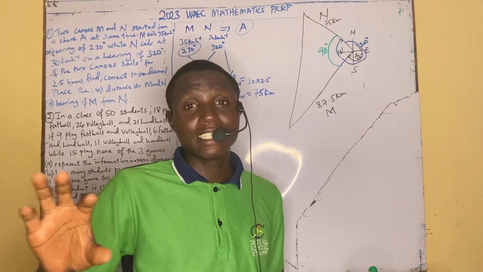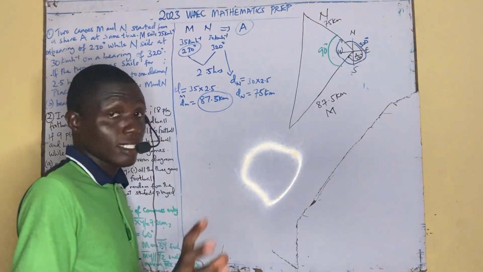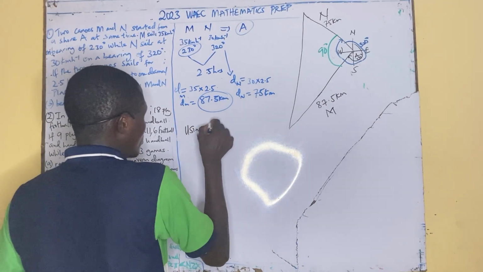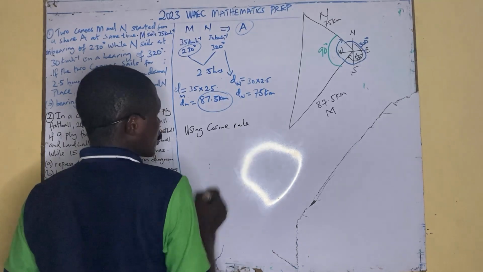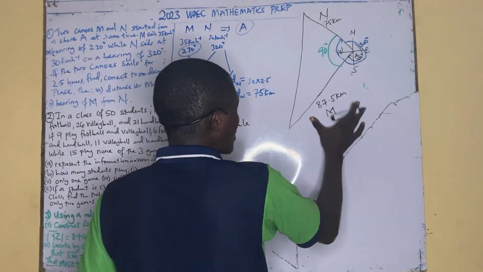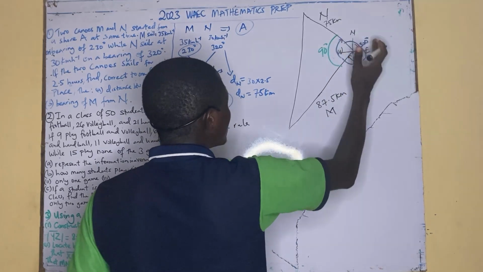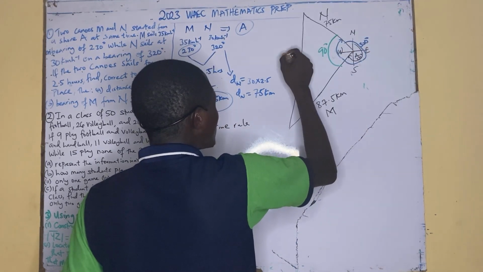When I say 90 degree triangle, I mean right angle triangle. So now let's stick to cosine rule. And how do you use cosine rule? Look at this. This is side M, this is side N, and let's call this one Q, MNQ.